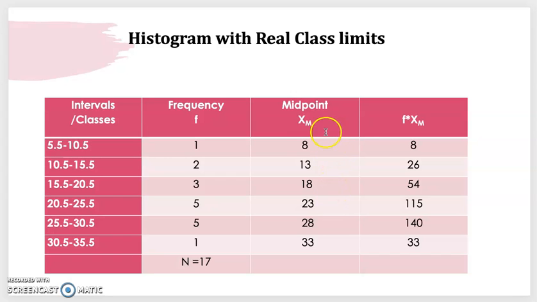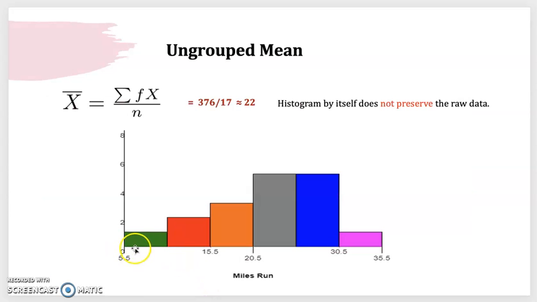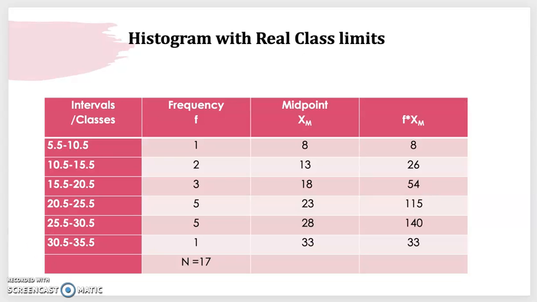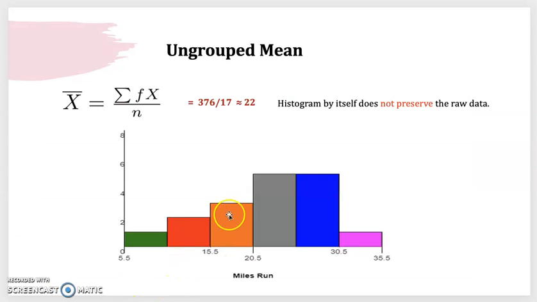At the 8, we display the frequency 1. So you will see the first group has 1, the second group has 2 data, then 3, 5, 5, 1. So each group is displayed like that.